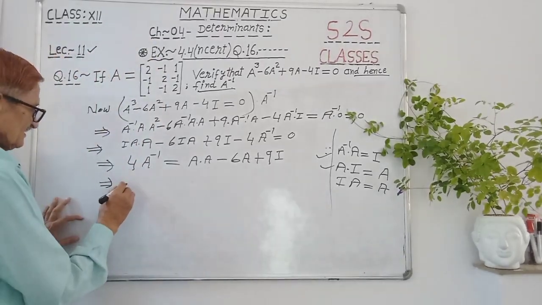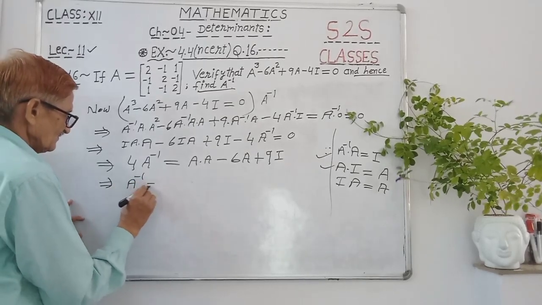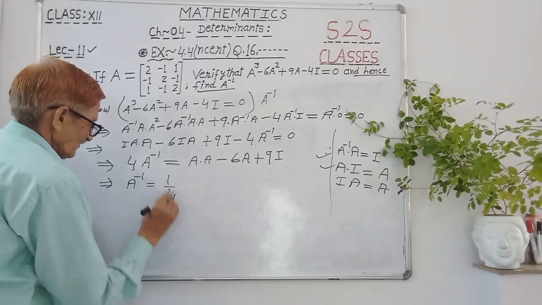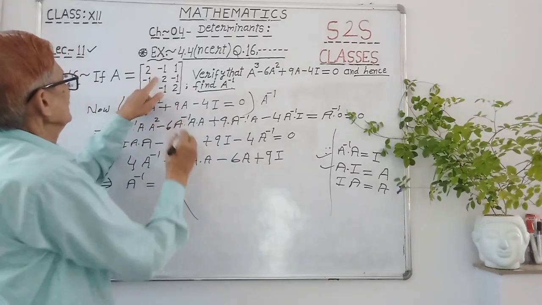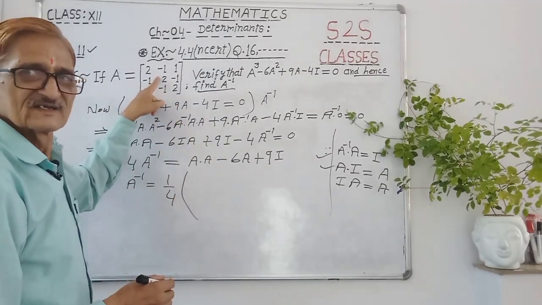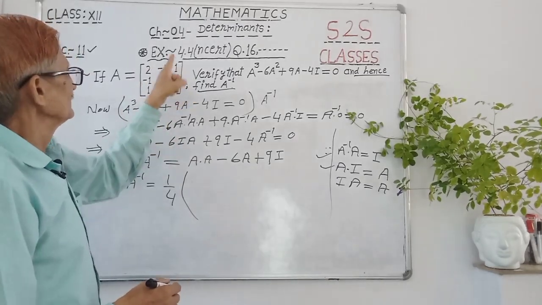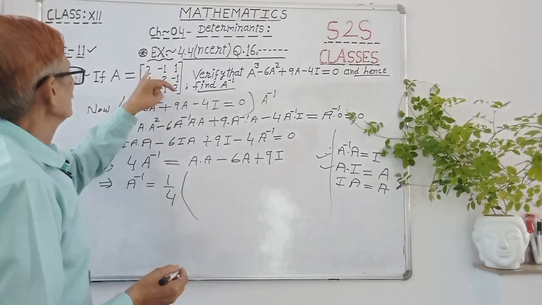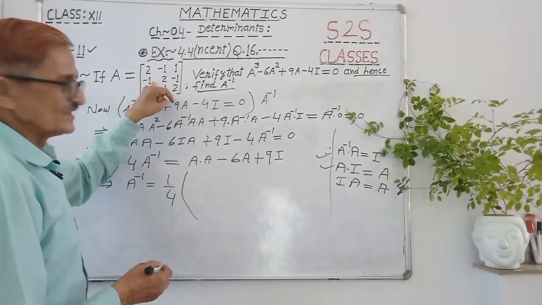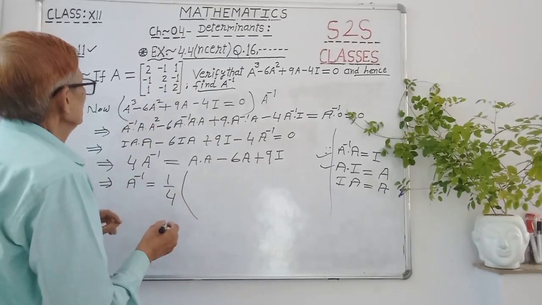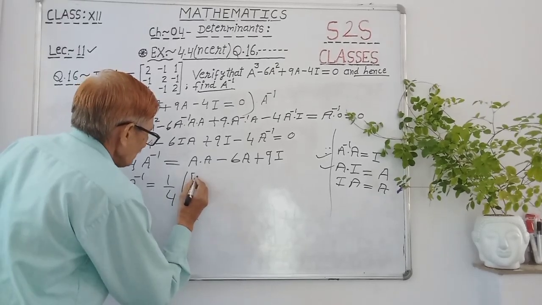Then it will be A inverse is equal to 1 upon 4. 4 will go and divide that side, and A square means this into this, the same. What will it be? First row with first column, first row with second column, first row with third column, same A into A. So 2 with 2, 4, minus 1 with minus 1, 1, 4 1 is 5, and 1 1 is 1, then 6. A square will be 6.